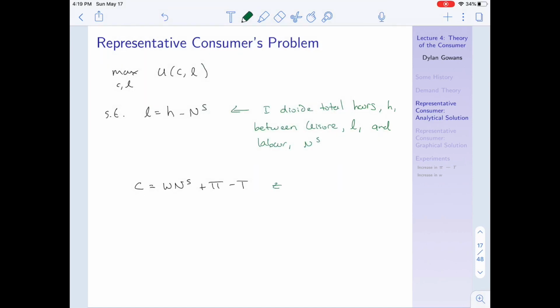So I consume C, I earn labor income, which is W N^S. I receive profits, which is pi, and I pay taxes, T.